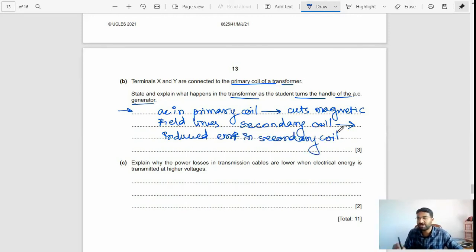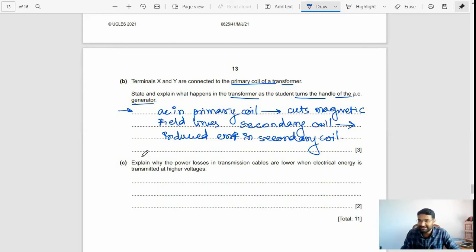That is what you have to explain here. Due to the alternating current in the primary coil, either forward or backward, the current's magnetic field lines cut the secondary coil, and that induces the EMF in the secondary coil.